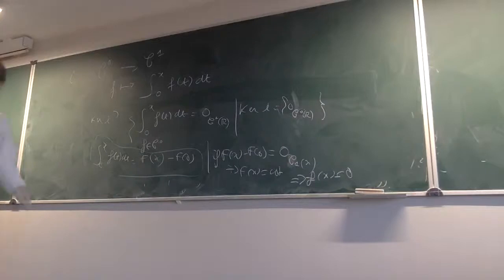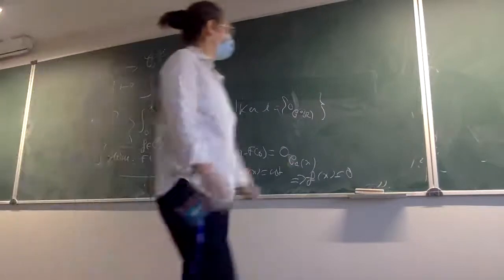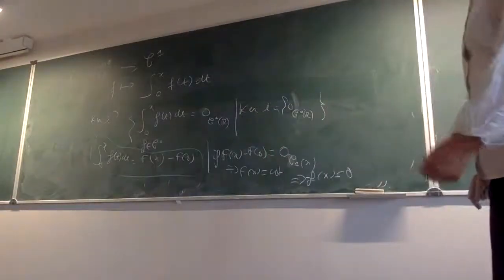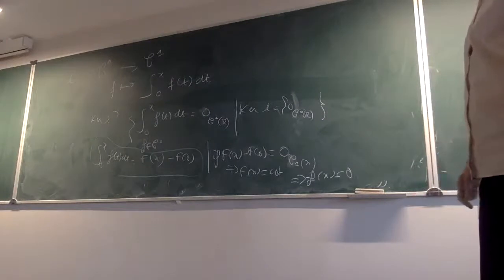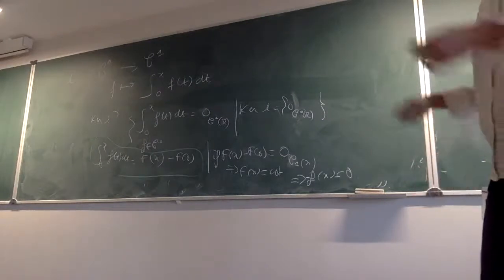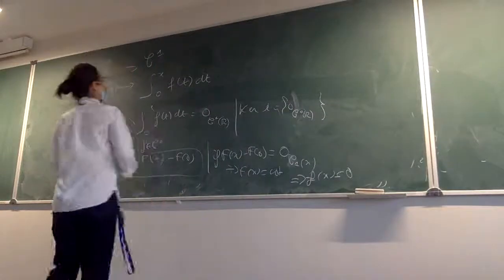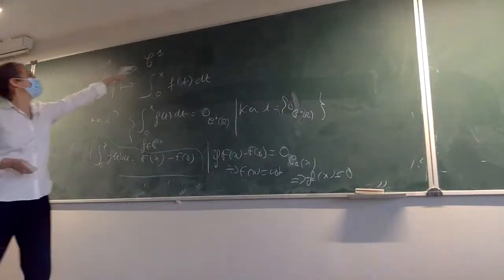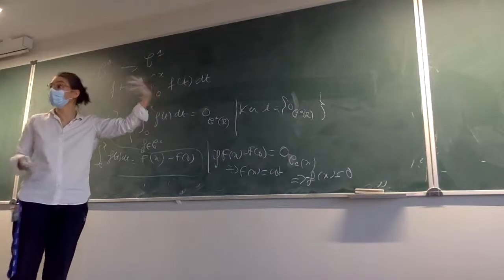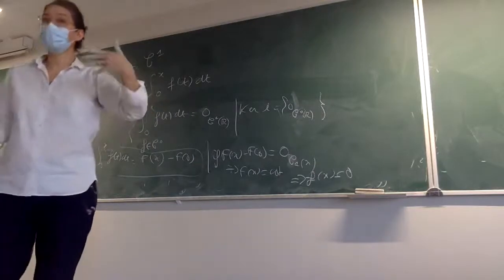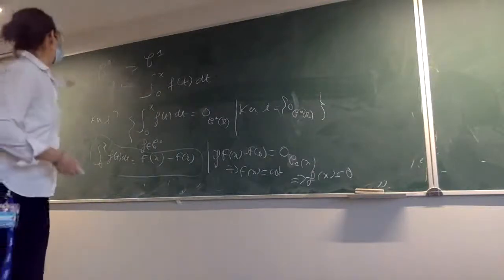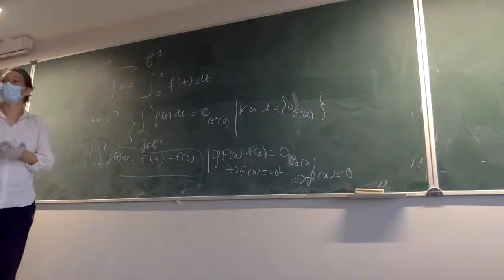Now, let's do the other way around. Is that map surjective? So we should answer: do we have, for any function g in C1, a corresponding f such that I of f is equal to g?